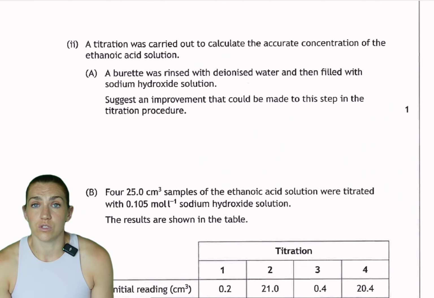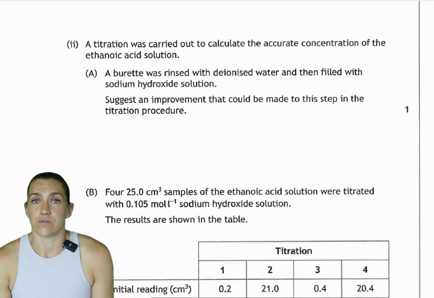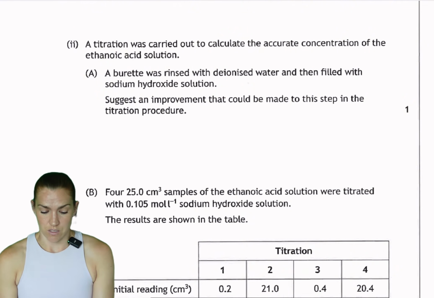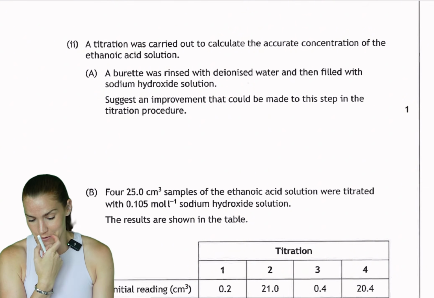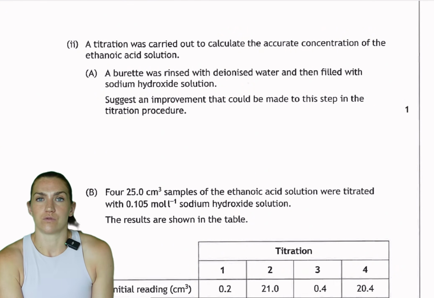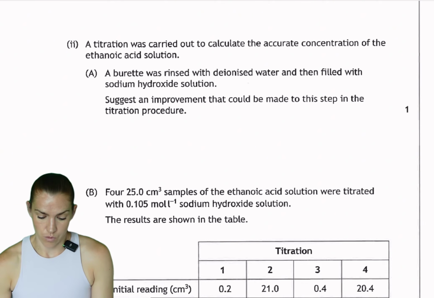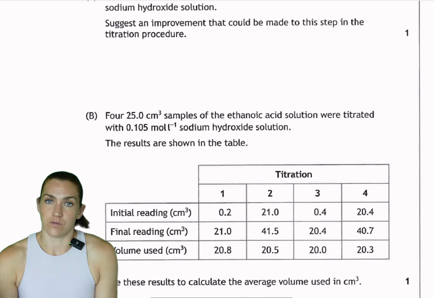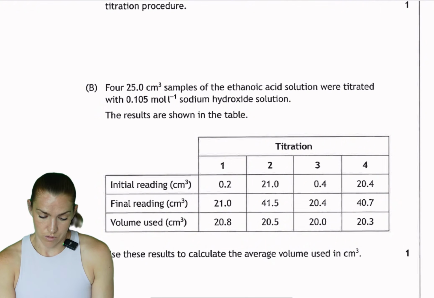So what you should really do is rinse your burette through with whatever solution you're going to be putting in it. In this case, it would be the sodium hydroxide solution. So they should have rinsed the burette with the sodium hydroxide solution instead of water, or at least if they rinsed it through with water, then rinsed it through with sodium hydroxide solution after.